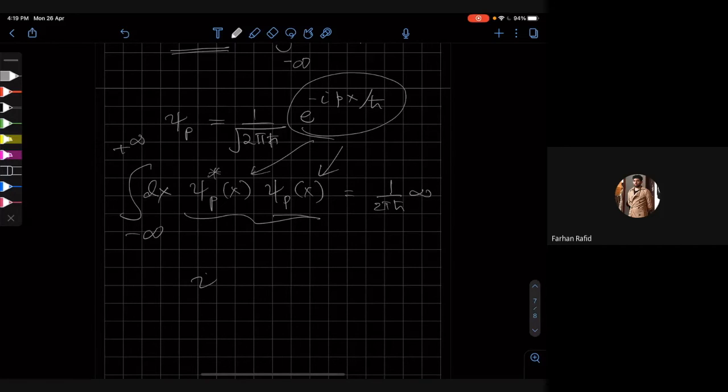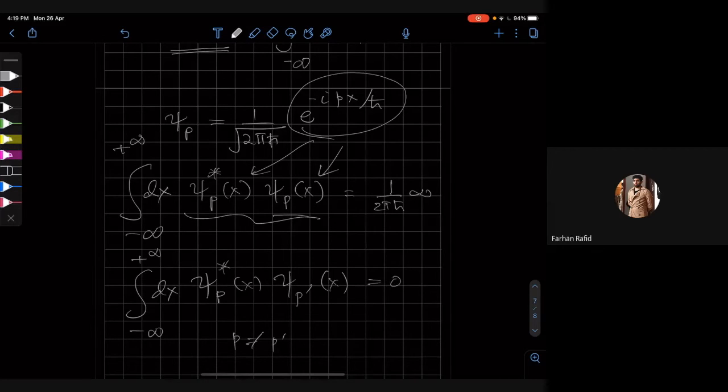But if I take psi p star of x and psi p prime of x such that p is not equal to p prime, and do the integral, which you all know how to do, I get 0.